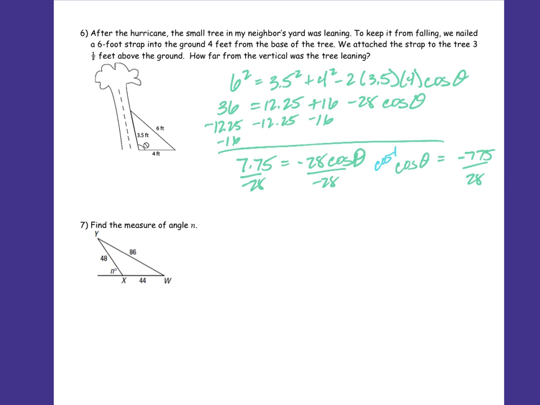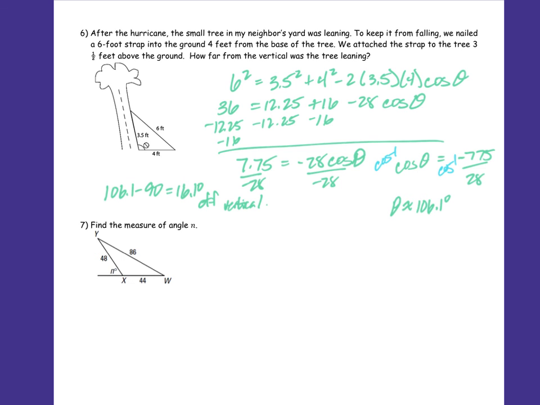And so cosine inverse, and I get theta is approximately equal to 106.1 degrees. But it actually asks how far off vertical it is. So I'm going to do 106.1 minus 90 degrees and get 16.1 degrees off vertical. Okay?